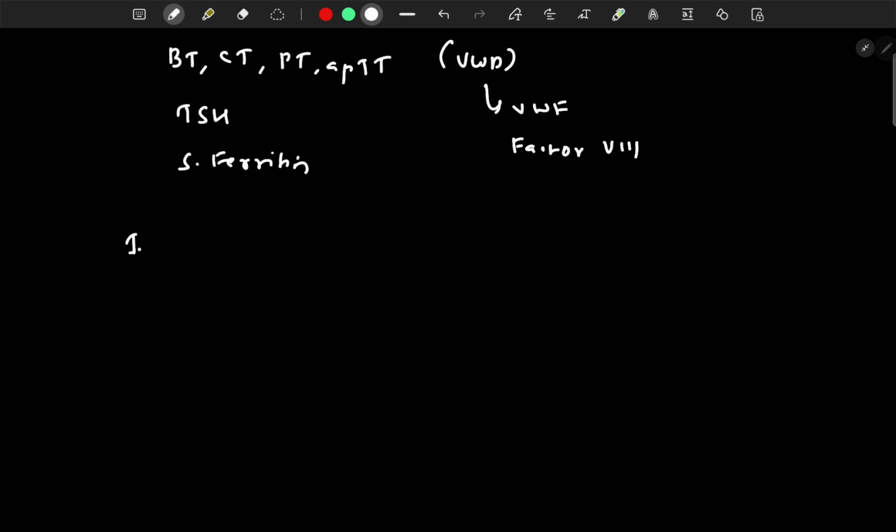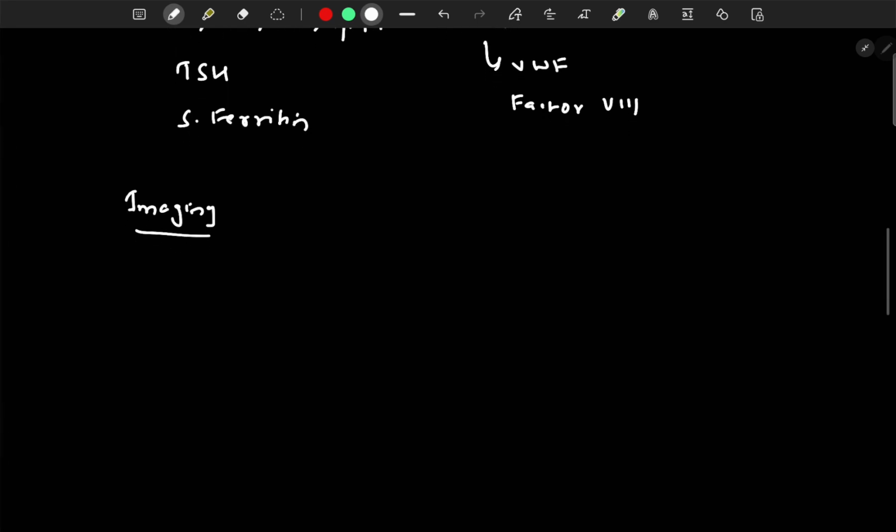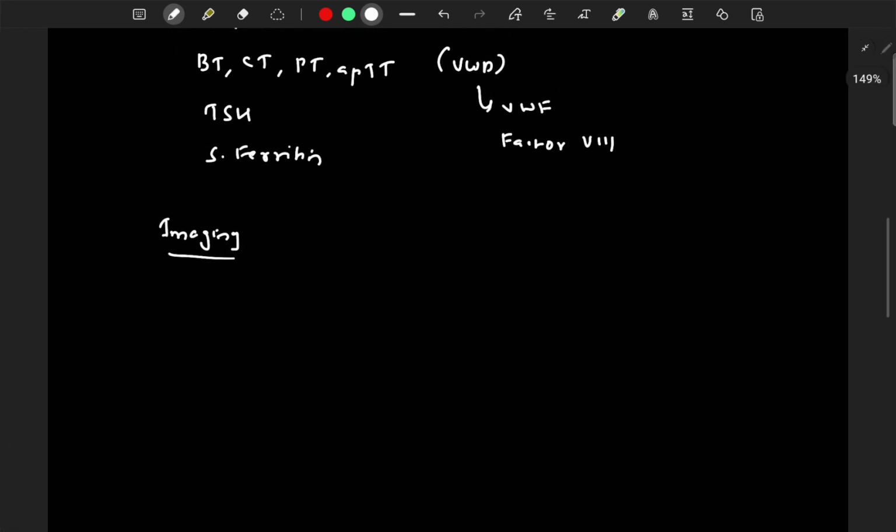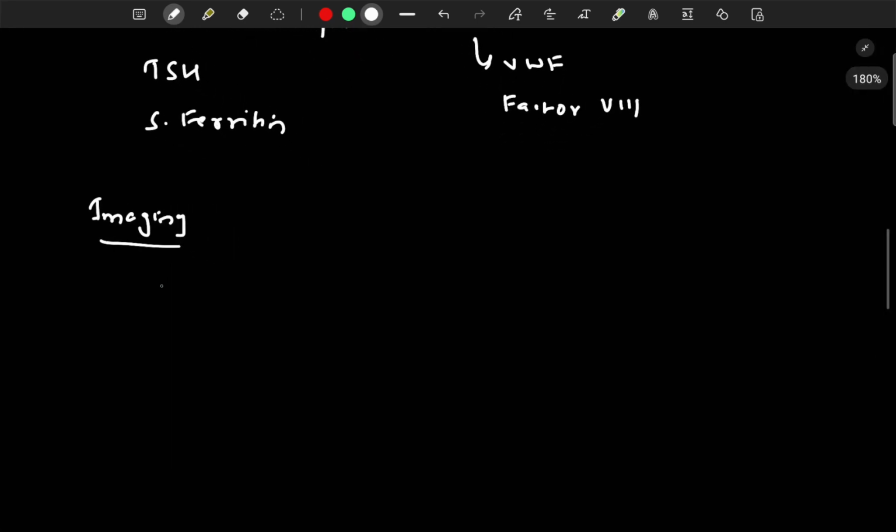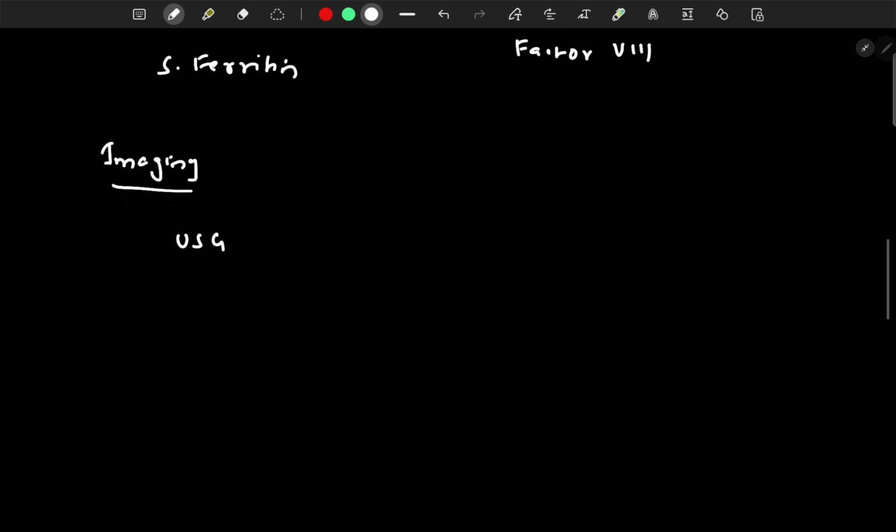Now I have to do imaging modality. In all atypical uterine bleeding patients, I will do an ultrasound. There is an exception in adolescent females, because if an adolescent female presents with excessive bleeding, there is a condition called puberty menorrhagia.